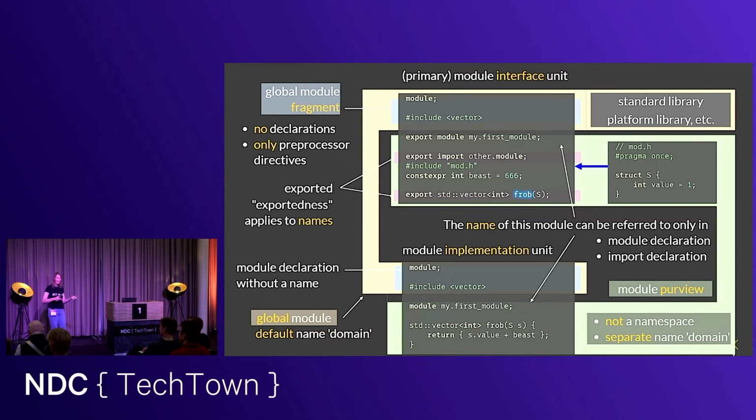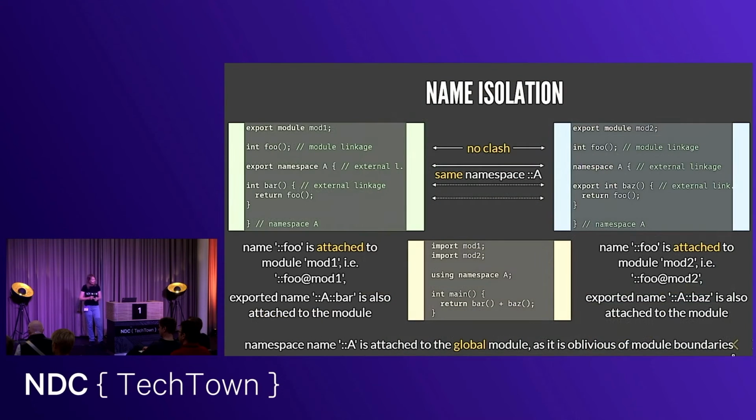So the compiler can use that. You as a user are usually not involved in this kind of thinking. In the bottom, I have a module declaration with the same name, so this is part of the same module, and this designates it as the module implementation unit where I have the function body.